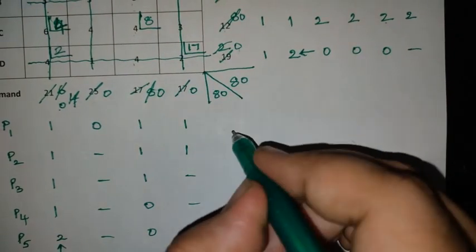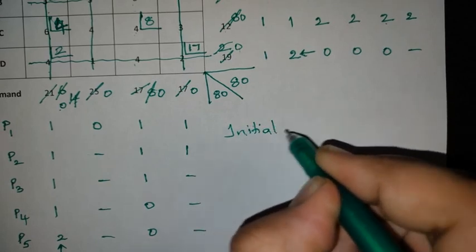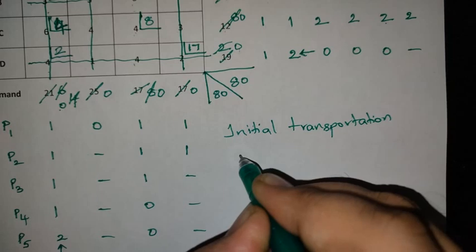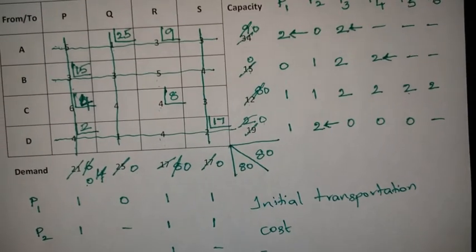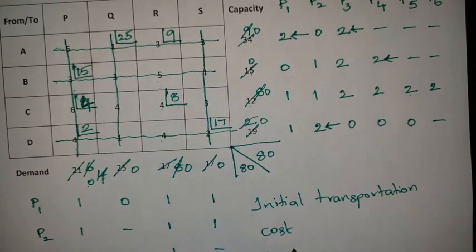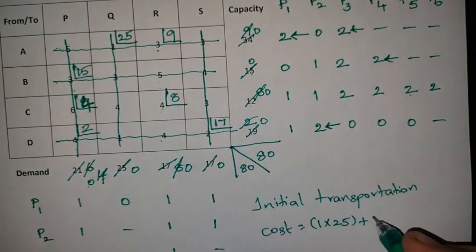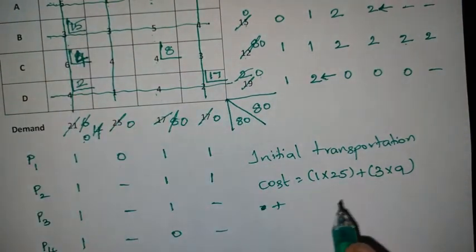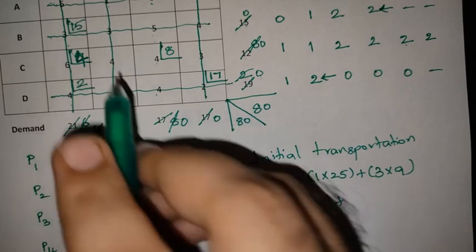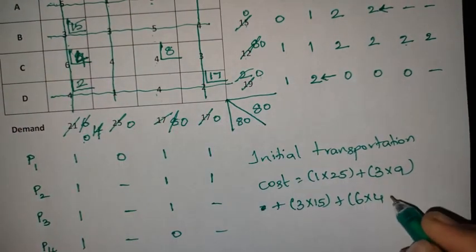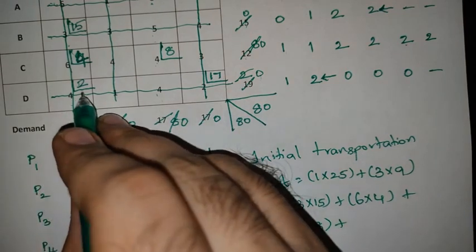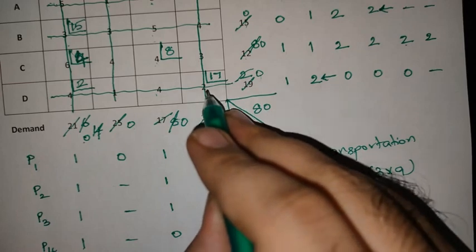So the initial transportation cost is equal to, let's find that: 1 into 25, plus 3 into 9, plus 3 into 15, plus 6 into 4, plus 4 into 8, plus 4 into 2, plus 2 into 17.